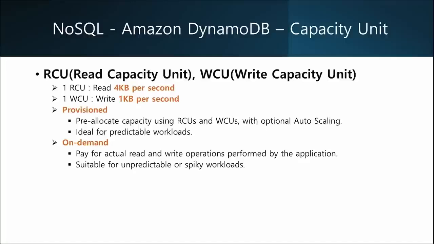So in cases where we are using it well and can estimate the usage to some extent, we have a provisioned billing system that pre-allocates RCU and WCU. However, when you don't know about this usage right away, there is a billing method that charges for the RCU and WCU that actually occurred in an on-demand format.